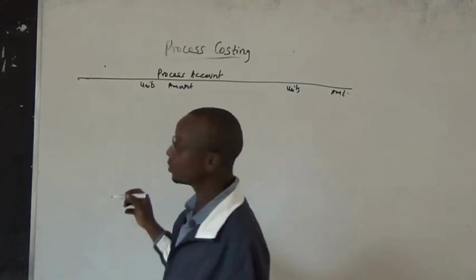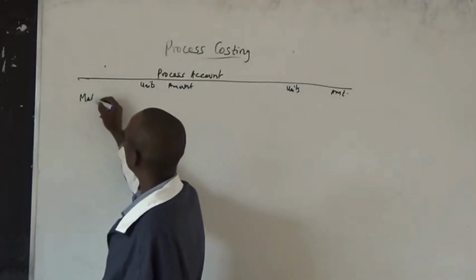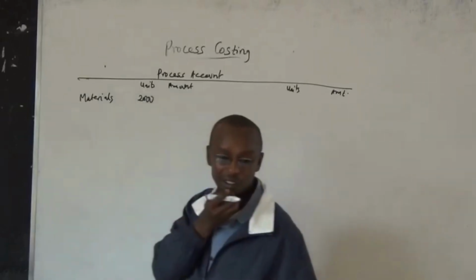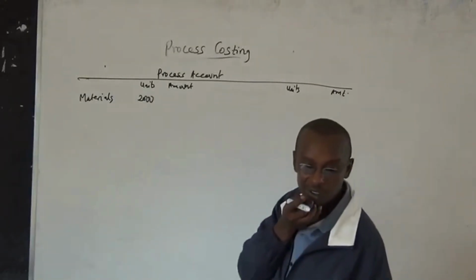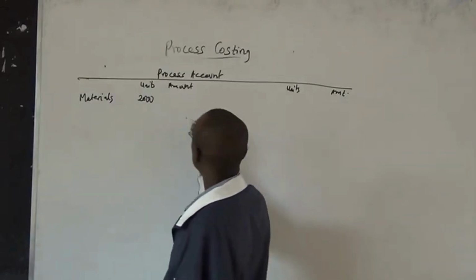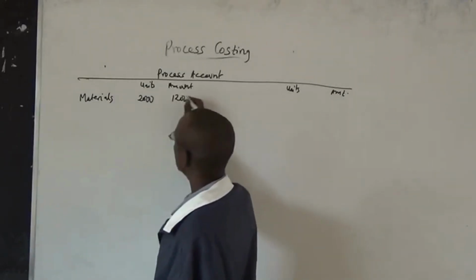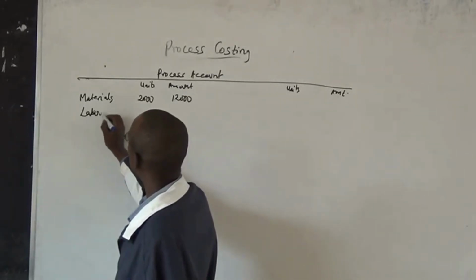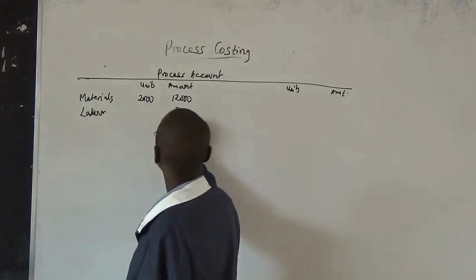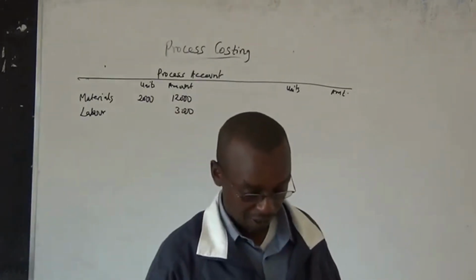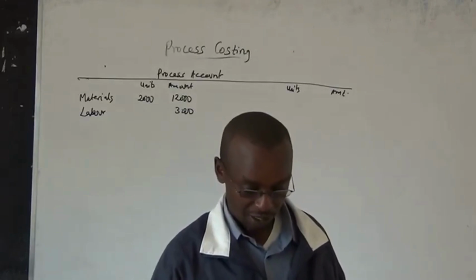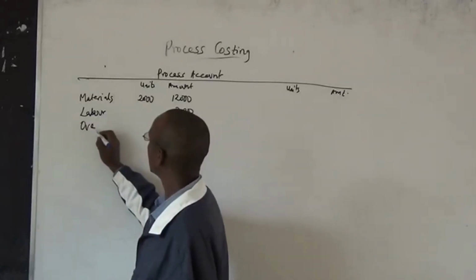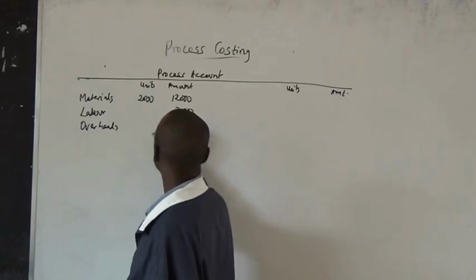So we have materials: you have 2,000 units at, is it at 6? Get 12,000. What else? Labor, 3,000. Then we have overheads, 800.